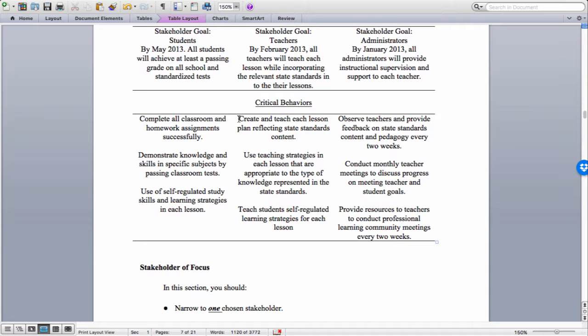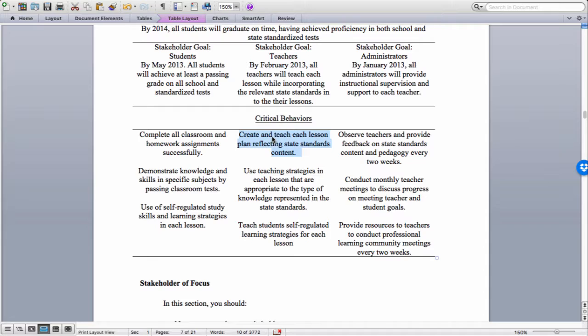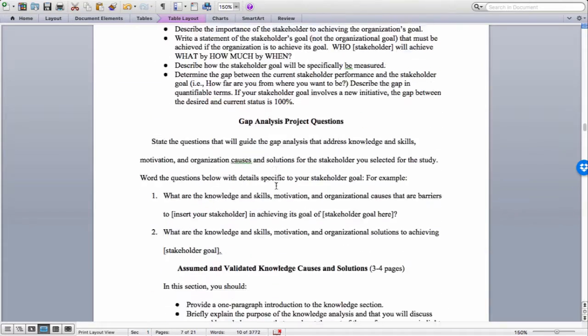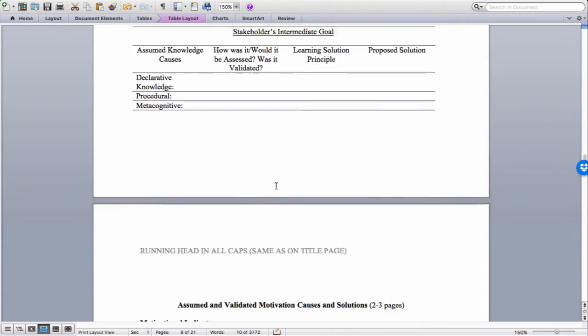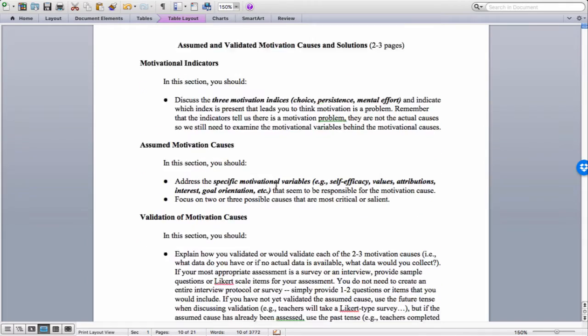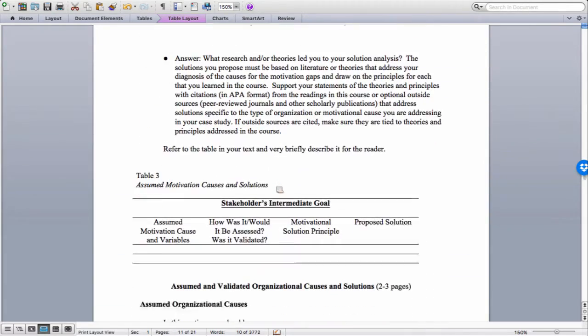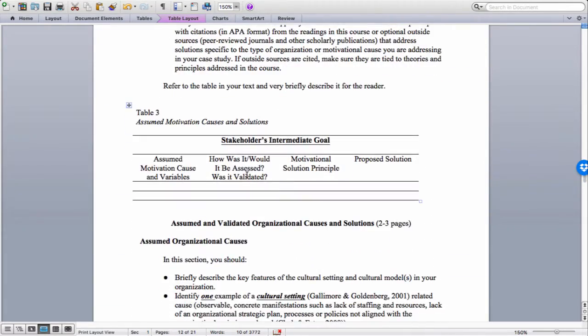So for this little worked example here, let's just take the first critical behavior for teachers in our worked example, and I'm going to copy it. And then I'm going down to the motivation table, skipping over the knowledge in our table, and moving down to the motivation table, the assumed motivation causes and solutions.